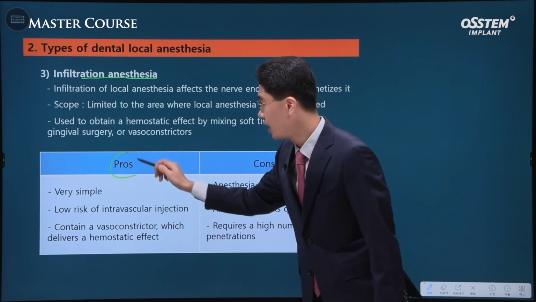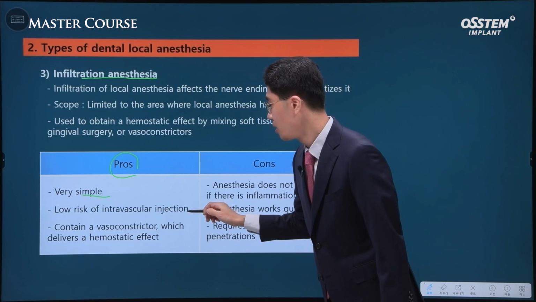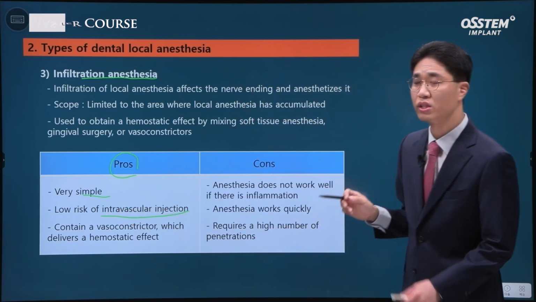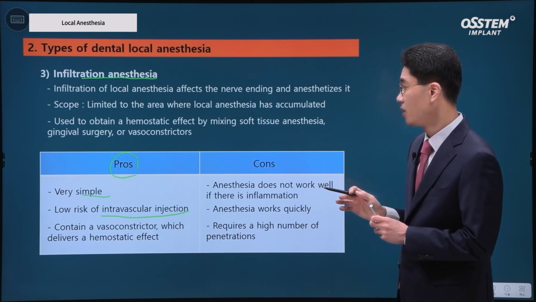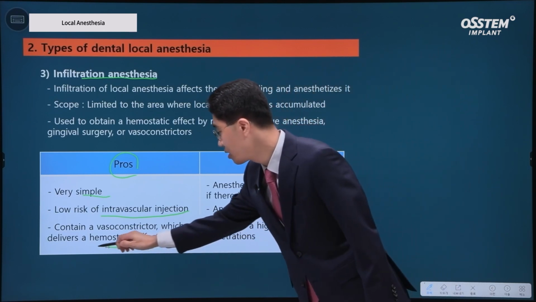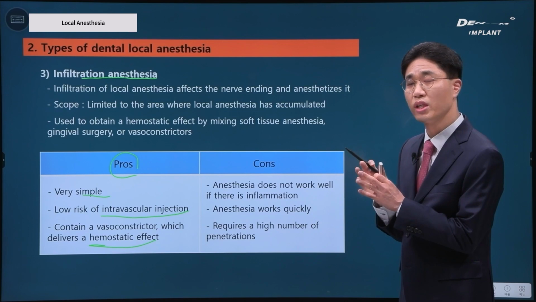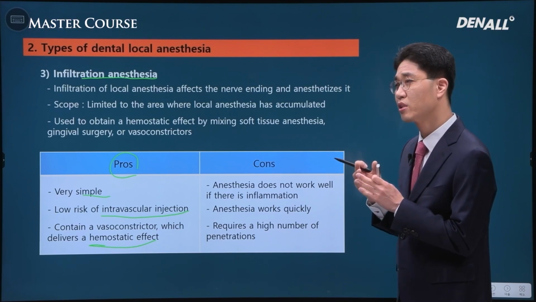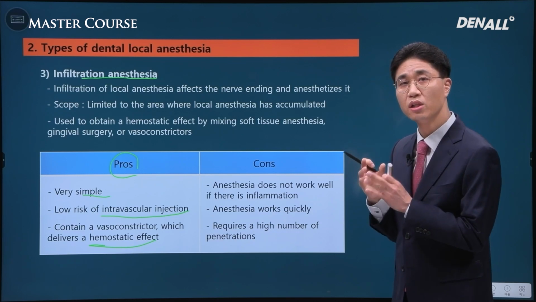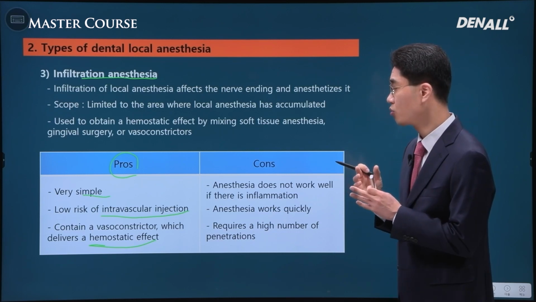The pro of this way is that it's very simple and there's very low risk of intravascular injection. Also, it contains a vasoconstrictor, which delivers a hemostatic effect, which is necessary in clinical situations.